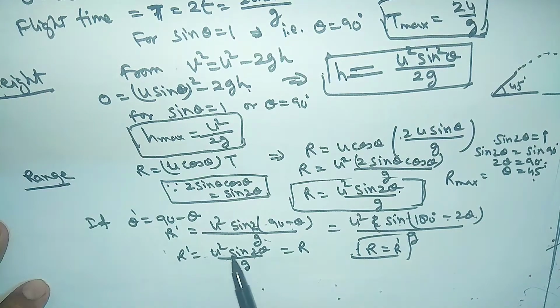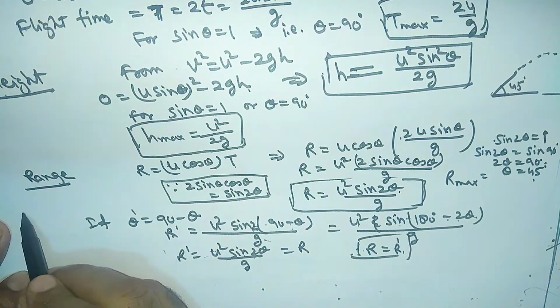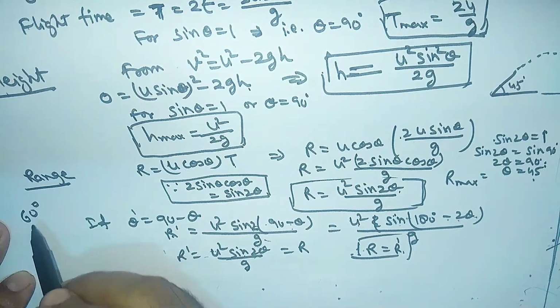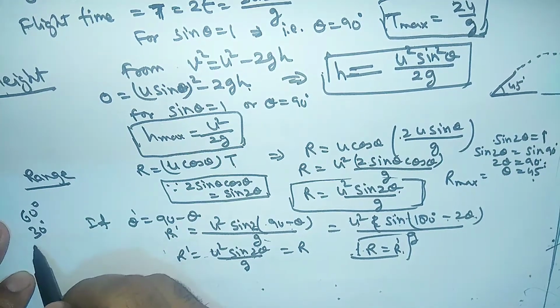So it is u square sin 2 theta upon g, which is equal to the range. So r dash is equal to r. So the range remains the same.